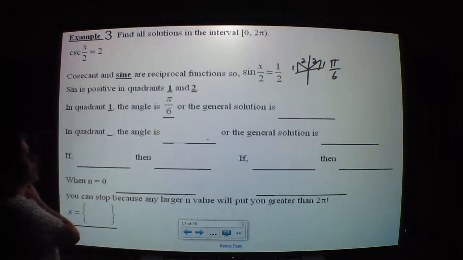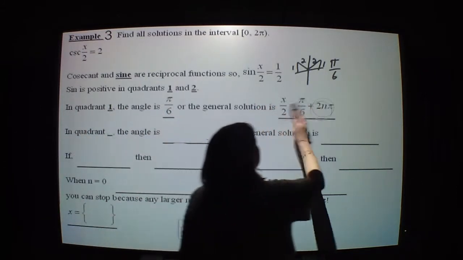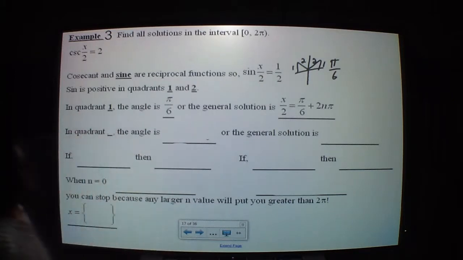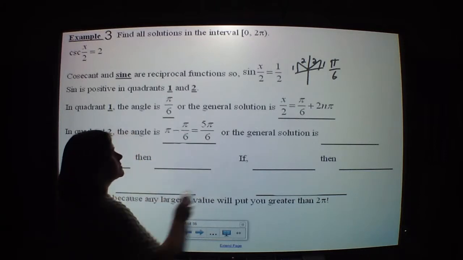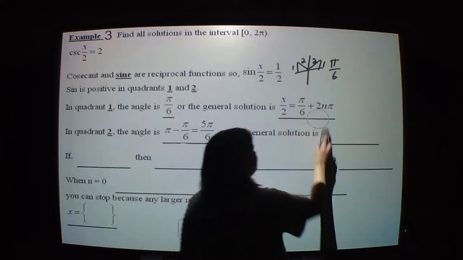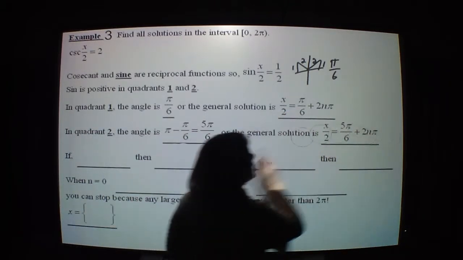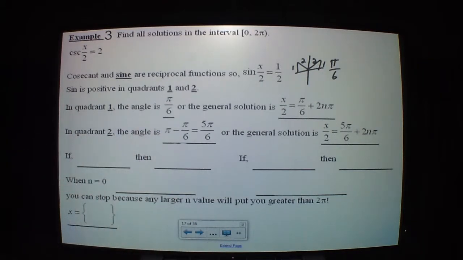So I have positive in first and second quadrants. In quadrant 1, it's pi over 6. General solution is pi over 6 plus 2 pi n is equal to my angle, which is x over 2. In quadrant 2, my angle is 5 pi over 6. So the general solution is my angle, x over 2, is equal to 5 pi over 6 plus 2 pi n. This one you have to leave as the two different solutions. Okay? Solve for x.